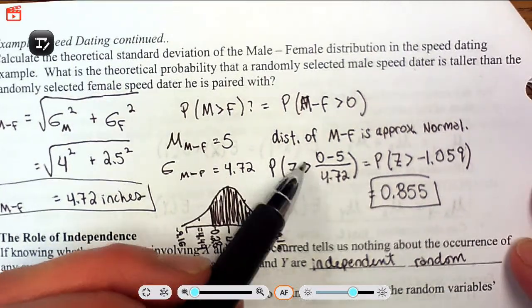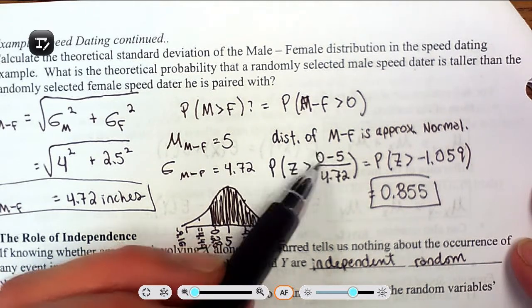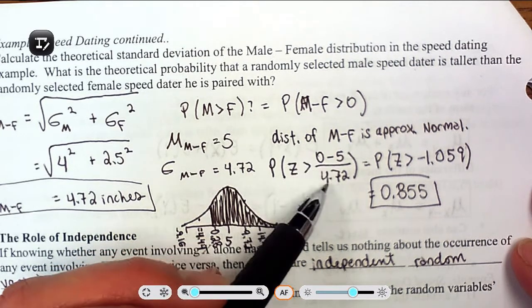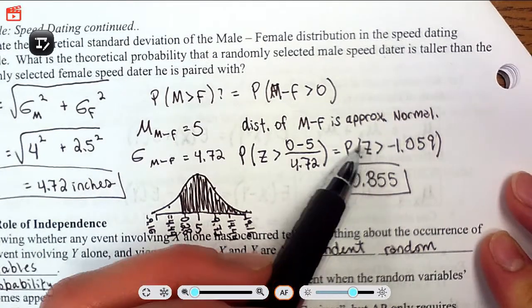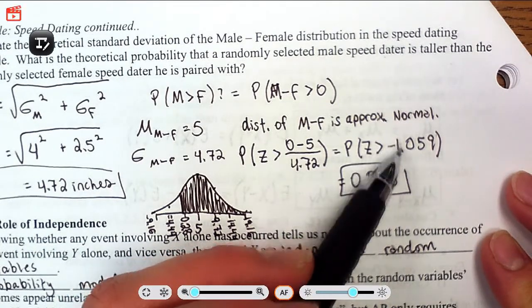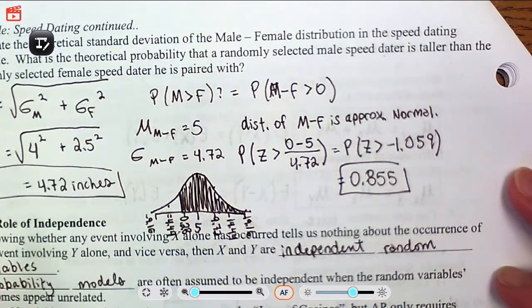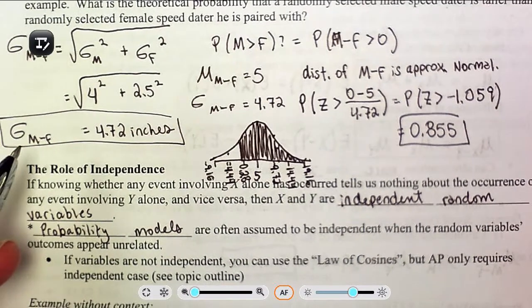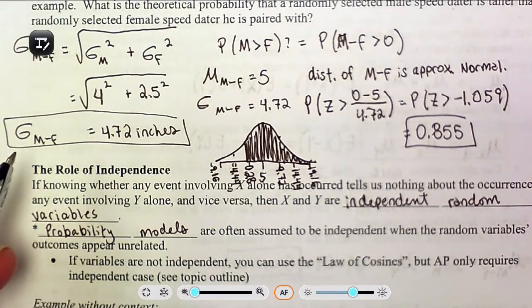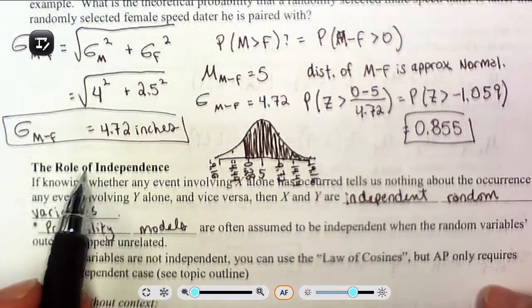So what's the probability that Z is greater than the z-score for the 0 observation? So 0 minus the mean 5, over 4.72, the standard deviation, is the probability that Z is greater than negative 1.059, and that's 0.855. So there's an 85.5% chance that two randomly paired people will result with the male being taller.